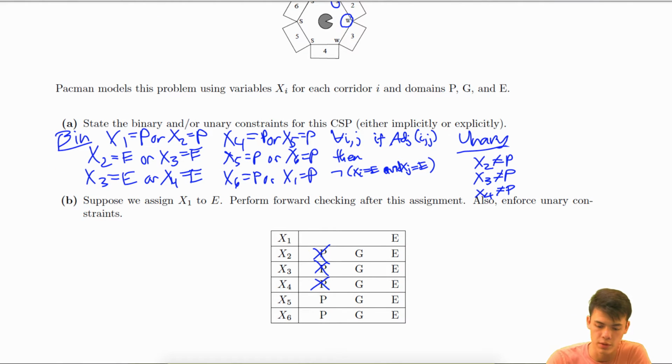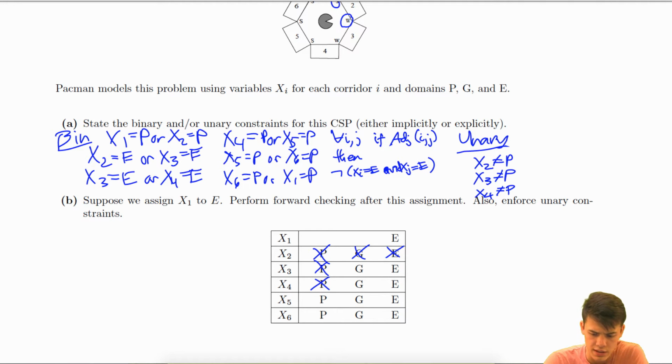So if x1 is not the pit, then x2 would have to be a pit, but that doesn't work here. So these possible assignments are off, because if any of those were there, that would violate the constraint that x1 equals p or x2 equals p. As a side note, at this point we can already tell that assigning x1 to be E is not going to work. It's not possible. But let's keep on going for the sake of completing and demonstrating this algorithm.